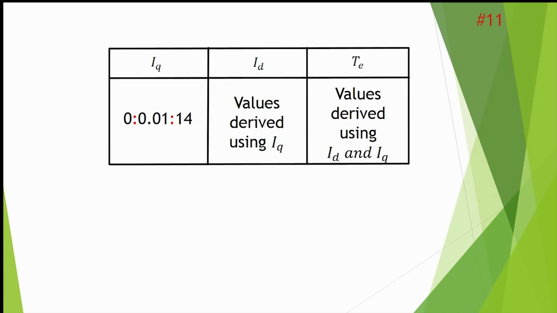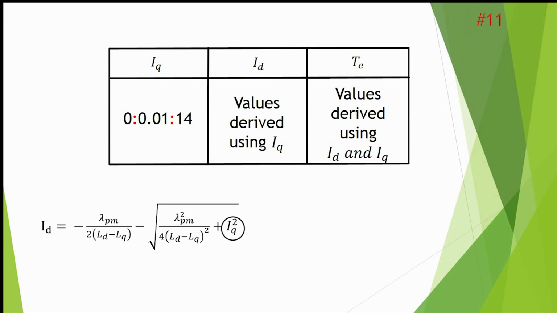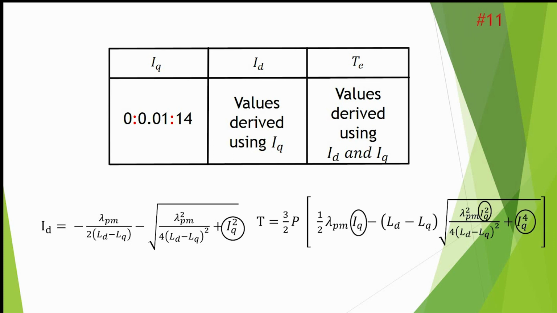Now we will form the lookup table for IQ, ID and torque. Whenever we get the reference torque, it will produce the minimum combination of IQ and ID. We have the equation of ID and another equation of torque.